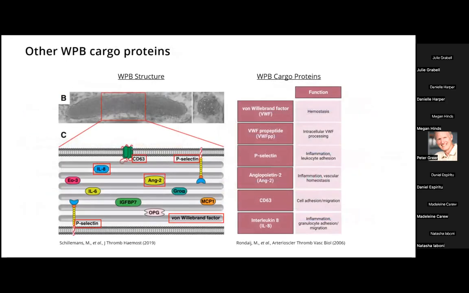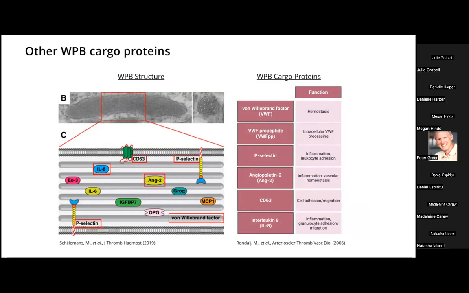Along with VWF, Weibel-Palade bodies store and secrete a few other inflammatory and angiogenic agents, including, like I mentioned, P-selectin, Ang2, CD63, and interleukins 6 and 8. It's important to note that Weibel-Palade bodies, much like endothelial cells, can adapt really quickly to their microenvironments, and they will adjust their contents based on what is needed.